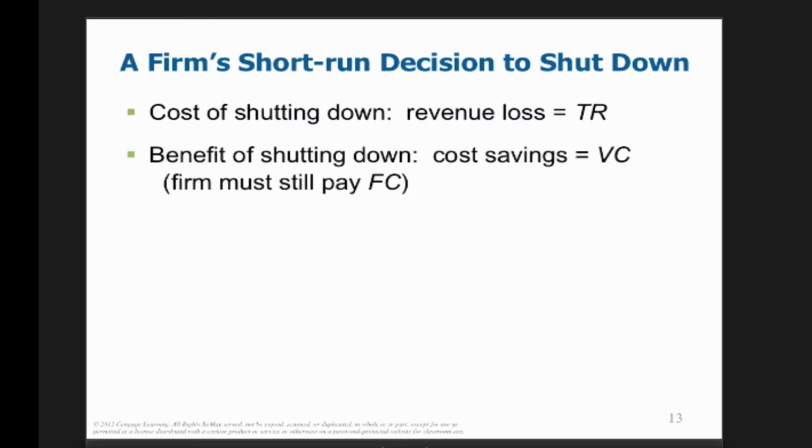He's going to save variable costs, because he's still stuck with the fixed costs. He can't eliminate the rent, he can't eliminate the insurance, but he doesn't have to pay employees. He doesn't have to pay his labor costs. So if Matthias shuts down, his total revenues got to be less than his variable cost in order for him to shut down.